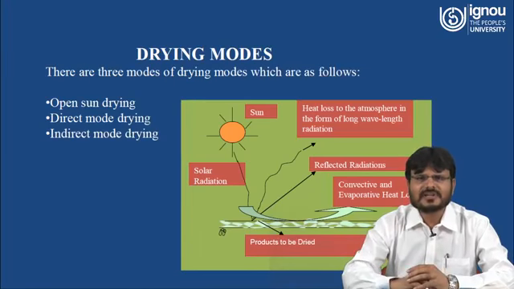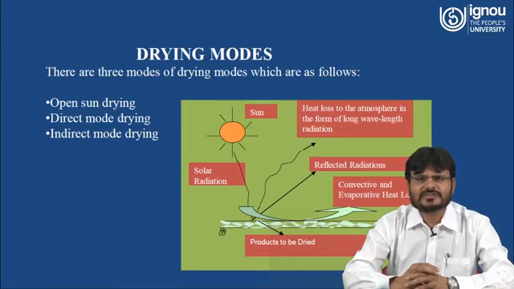What happens? From the sun, solar radiation comes and is incident on the crop that is placed on the floor or on the bed sheet. Then what will happen? Whatever solar radiation comes in the form of short wave radiation will be reflected, or there will be some loss. What is that loss?